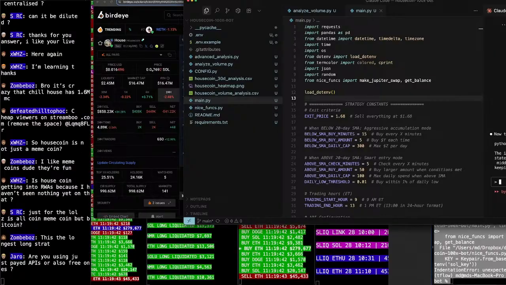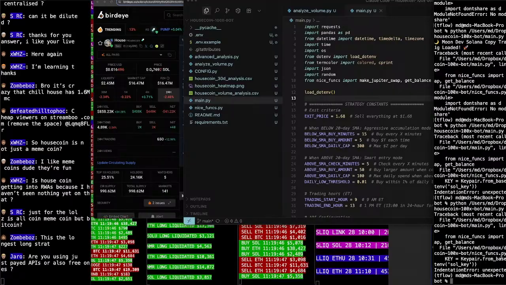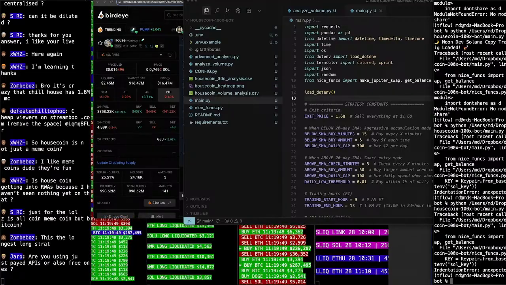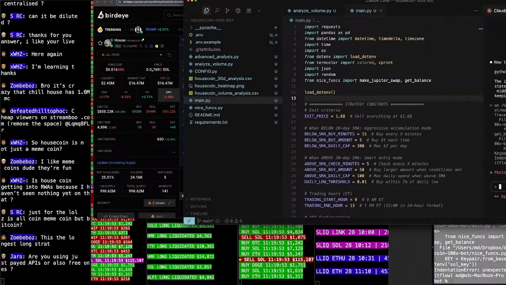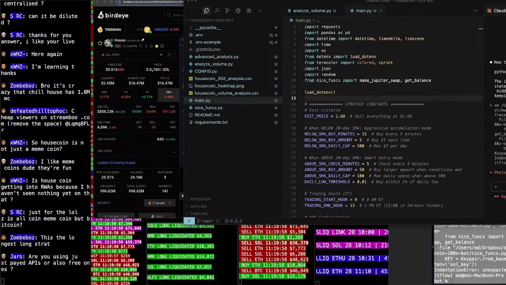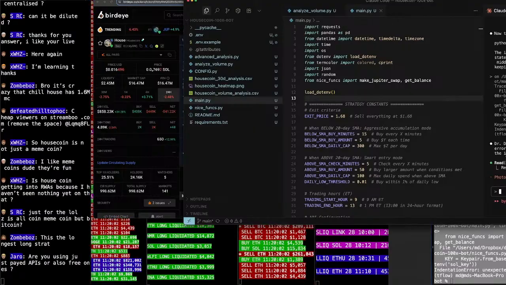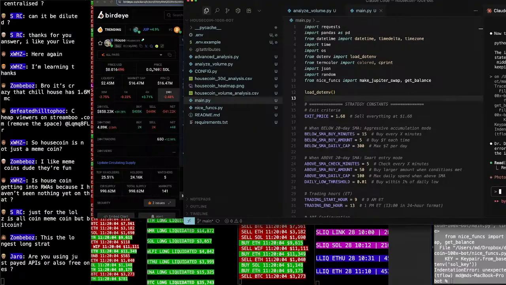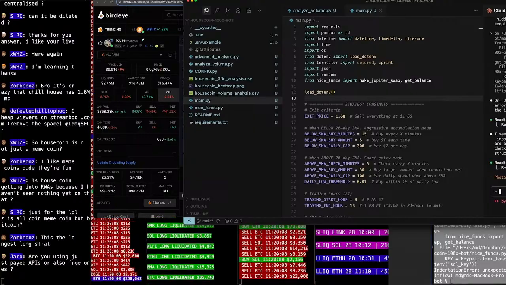Now try running it again. Line 343. Okay, you can see the import.